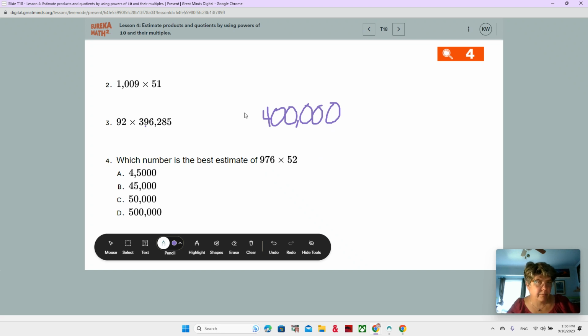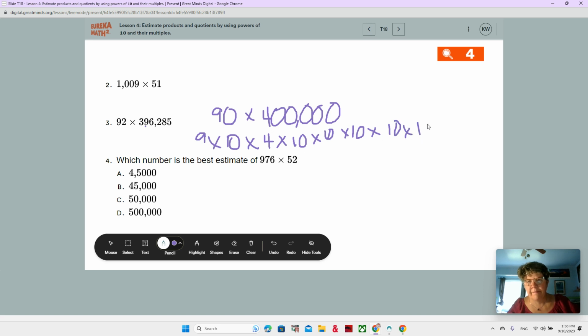And 92 can become 90, right? So then we have 9 times 10 times 4. 1, 2, 3, 4, 5, right? That's 5 tens. 5 zeros equal 5 tens. 1, 2, 3, 4, 5.